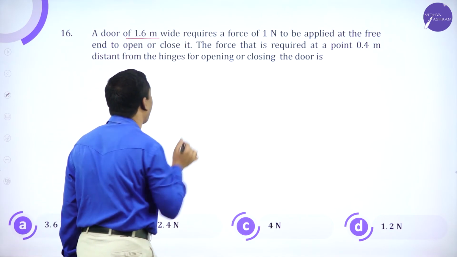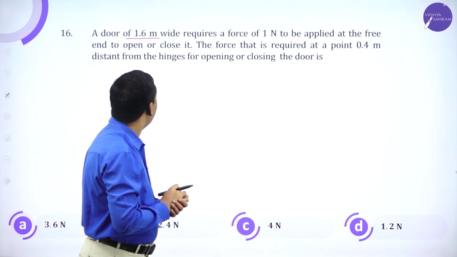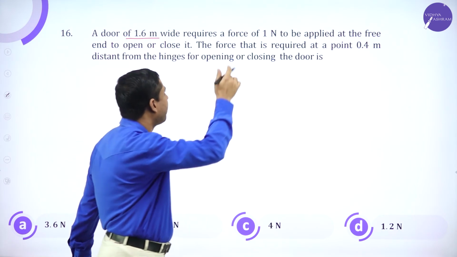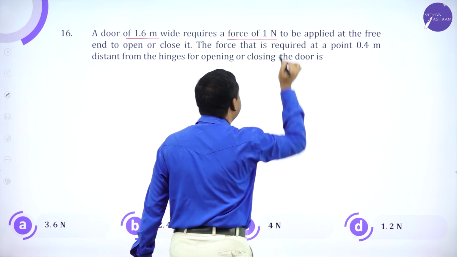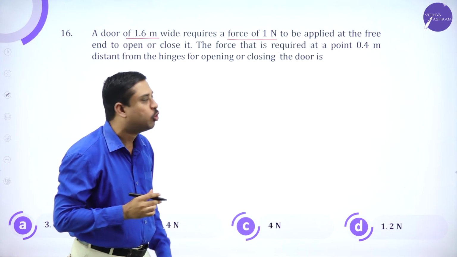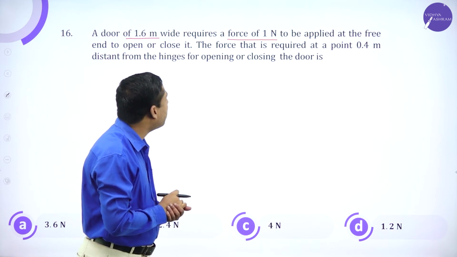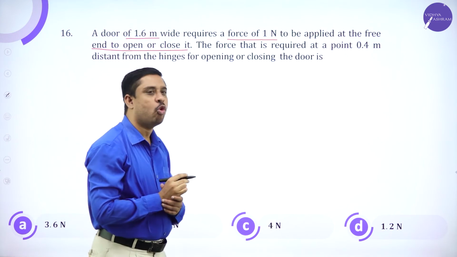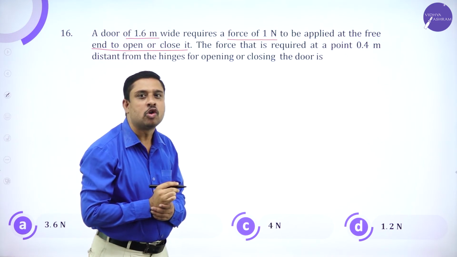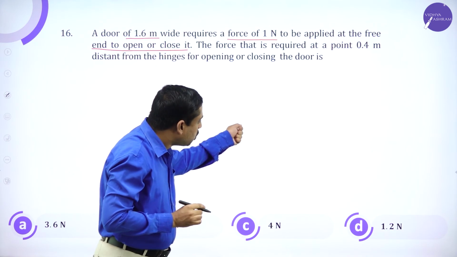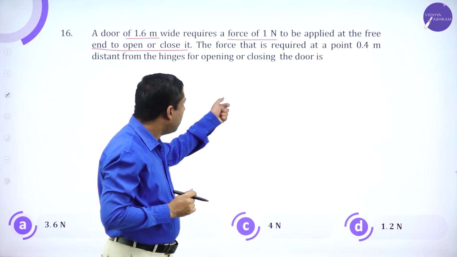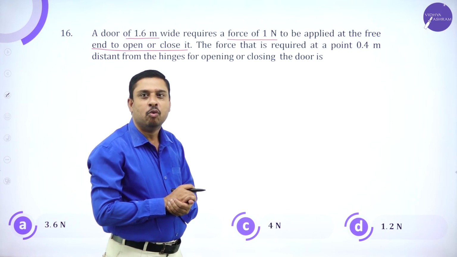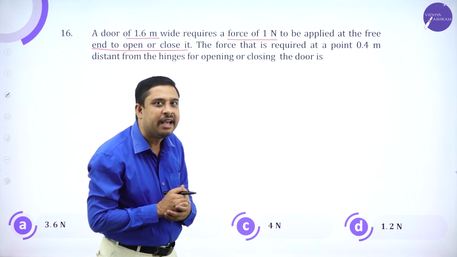A door of 1.6 meter wide requires a force of 1 Newton to be applied at the free end to open or to close it. To open a door or to close a door, what is that basically I require?